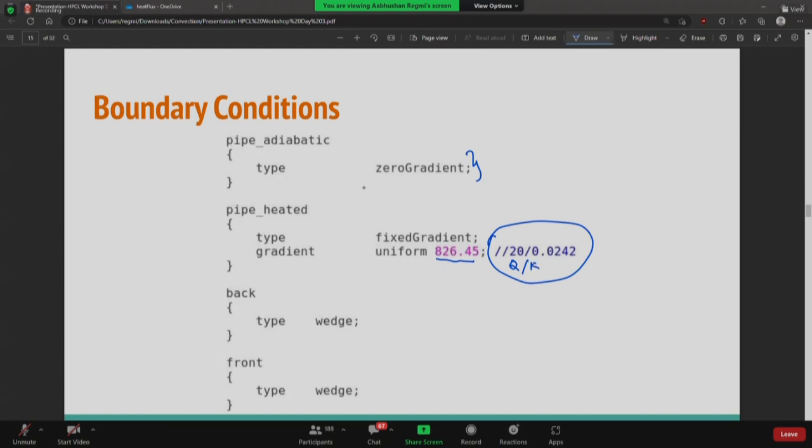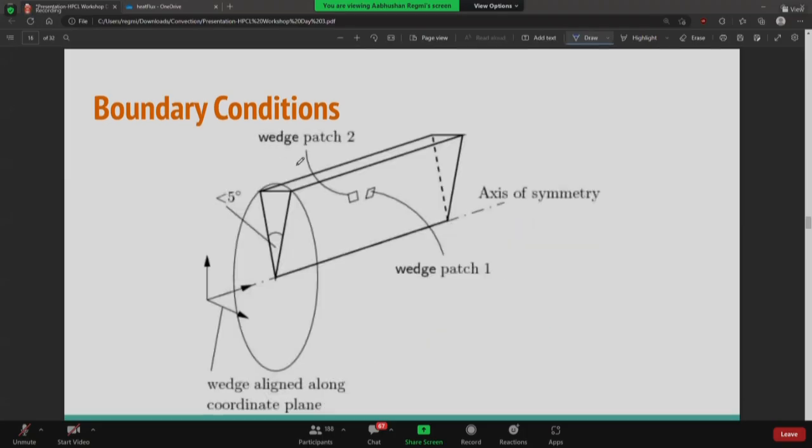Now, the back and front are of type wedge. So type wedge is similar to the empty boundary condition. That means we won't do the calculation in the direction of the wedge. But since this is a wedge, we are providing the wedge boundary condition here. So again, this is the boundary condition that is being provided. We have two wedges, that is wedge patch 1 and wedge patch 2.